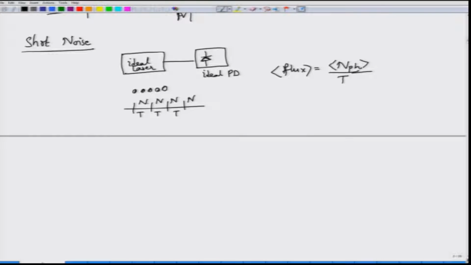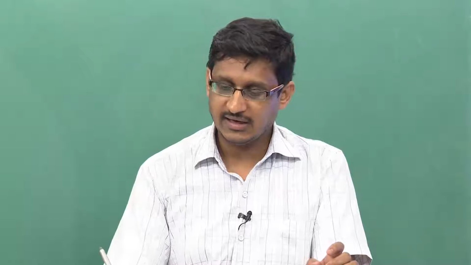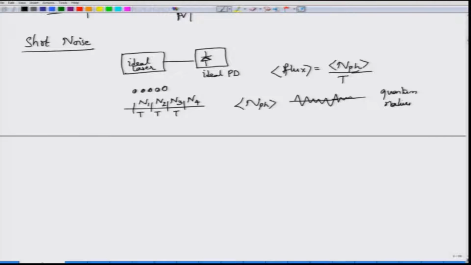In some time slots you get n1, in some n2, n3, n4, and if you average these, there will be an average photon number nph around which the photon numbers fluctuate. This is quantum mechanical in origin. This is the nature of light.